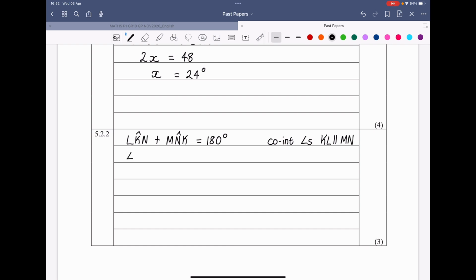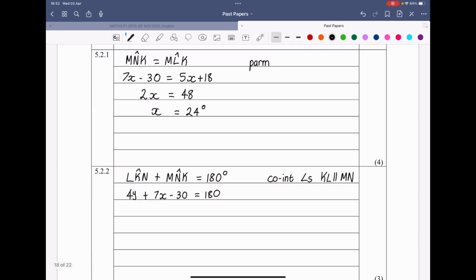And then that means that 4y plus 7x minus 30 is equal to 180. And then remember in the previous question, we just solved for x. So now I can say that 4y plus 7 times x, which is equal to 24, minus 30 is equal to 180.